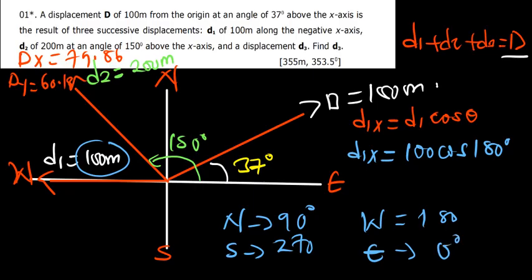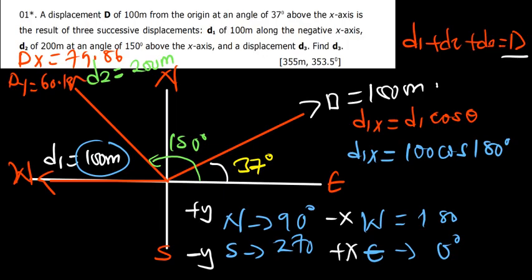Okay? Now, sometimes they can say a vector is going toward positive y direction, or positive y axis. So positive y axis is the same as north. Then negative y axis is the same as south. Negative x axis is the same as west. Positive x axis is the same as east.